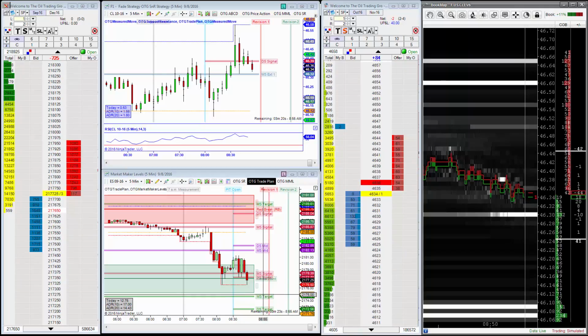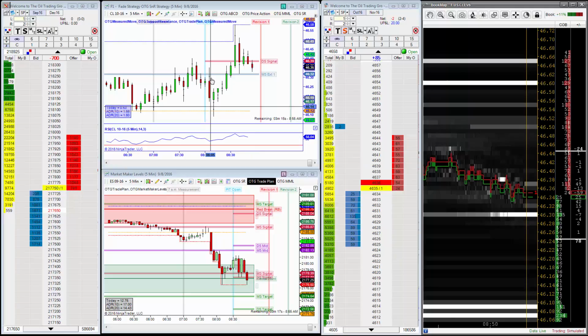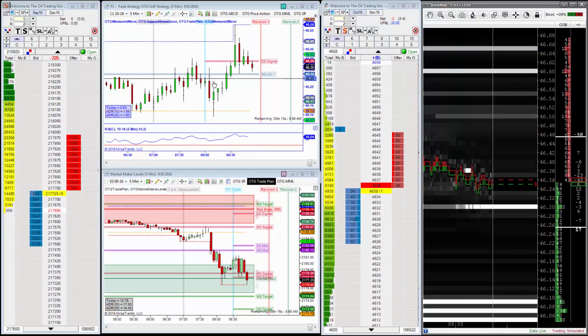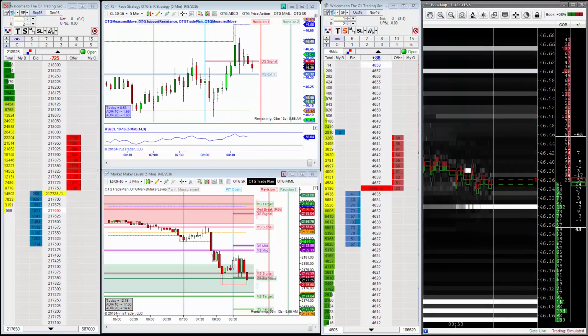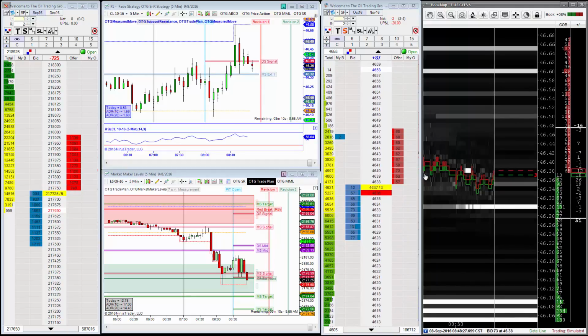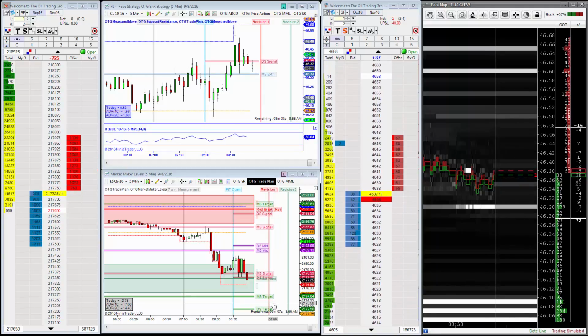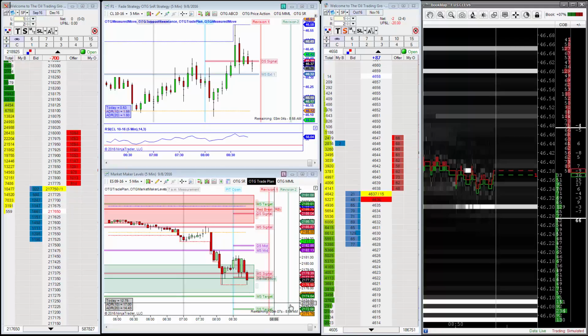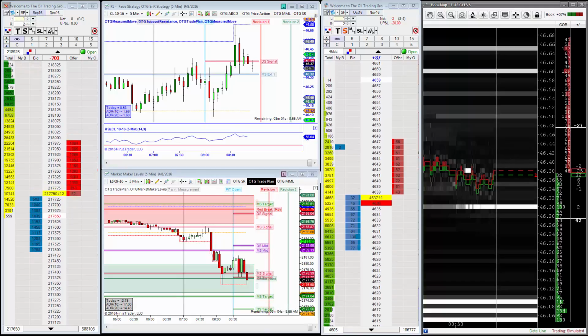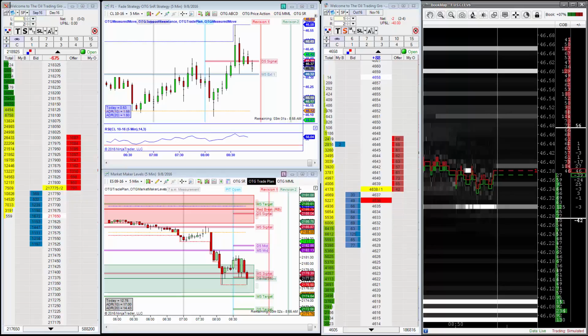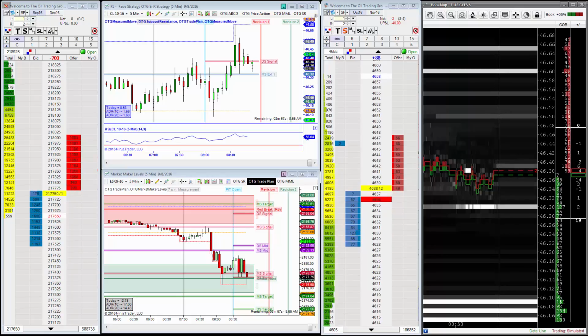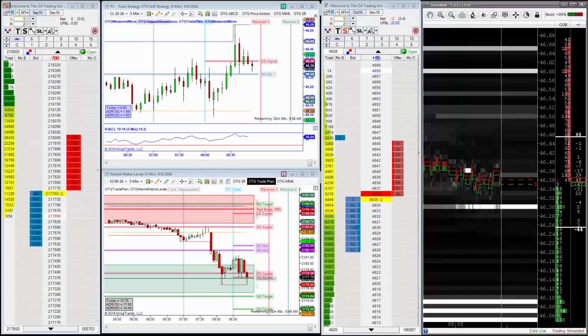33. One more time. 33, 32. Spike through 32. I'd like to get this thing to just push for us. 21.69 is the long on the ES. 106 at 39. 36, 35.